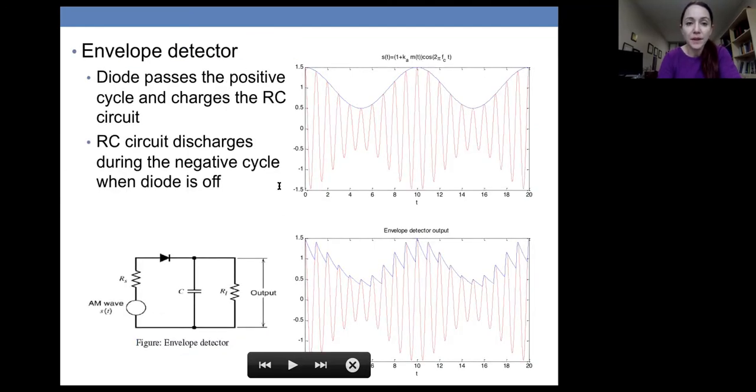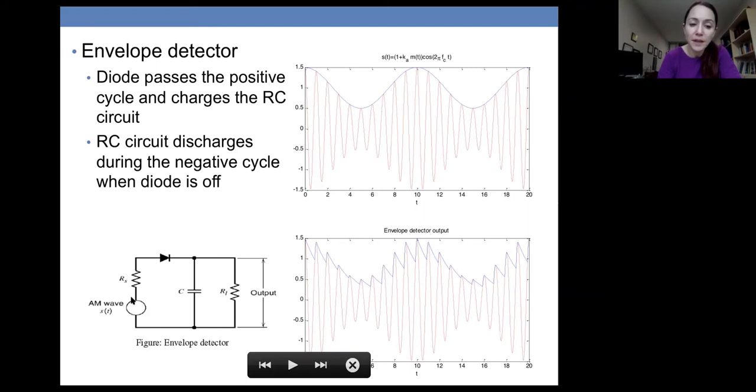Now, the envelope detector, what it does is basically track an oscillating waveform such that it passes the positive cycle and then kind of decays during the negative cycle. So look at this very simple circuitry.